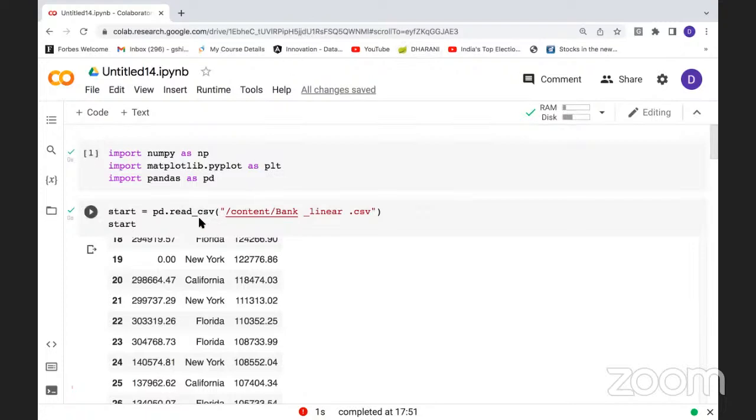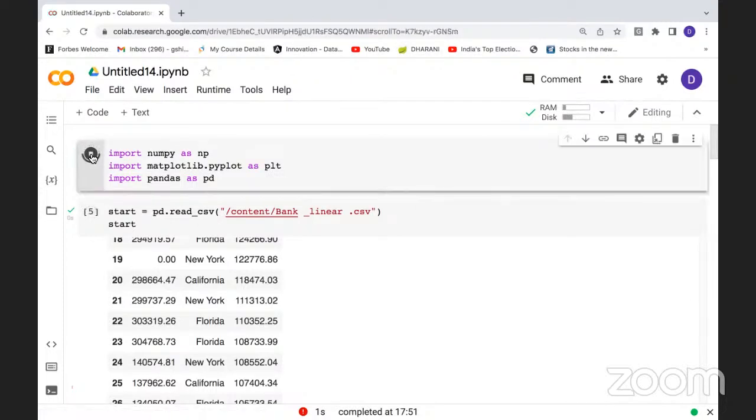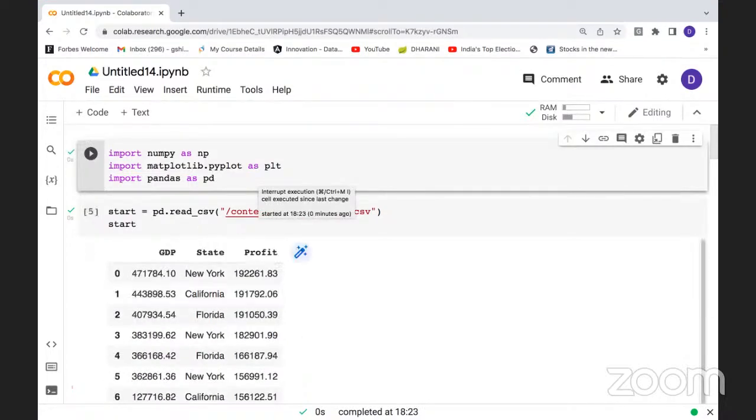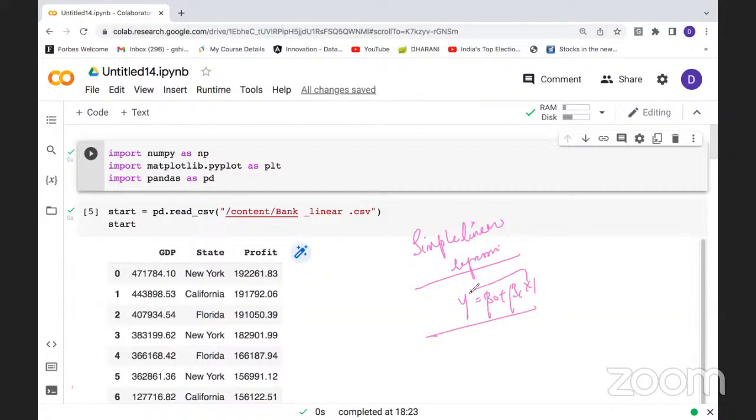The first point is I am importing NumPy, Pandas, and Matplotlib, and I've just given a data set. Because I'm only explaining the concept of simple linear regression, I'm only interested in this one. One input, prediction and output.